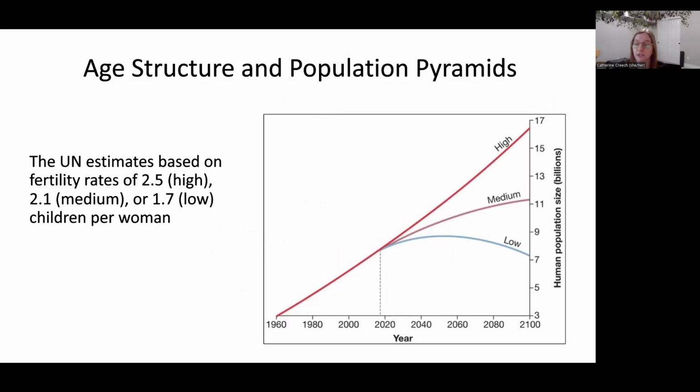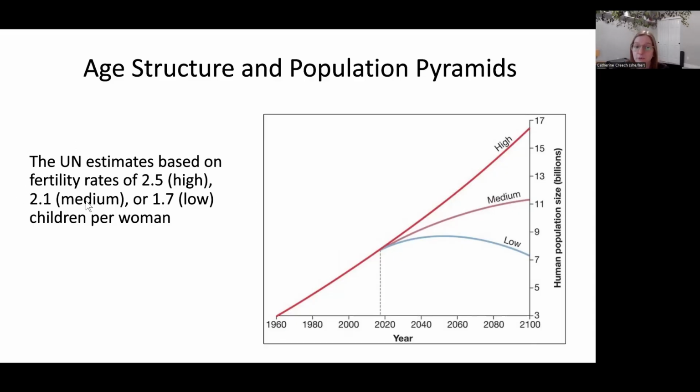If our fertility rates remain high, which means on average, each woman will have 2.5 children, then by the year 2100, which may be in your lifespan, we will have what is that, 16-ish billion people on Earth. Currently, we have about 8 billion. So if that is accurate, you may see the human population double by the time you are an older adult.